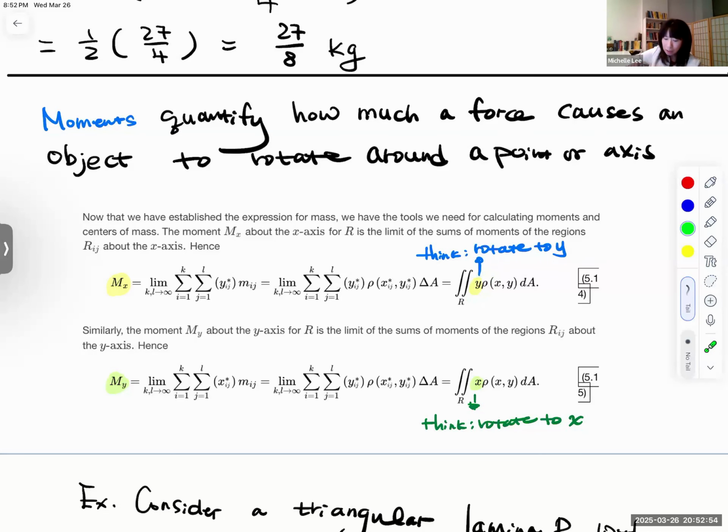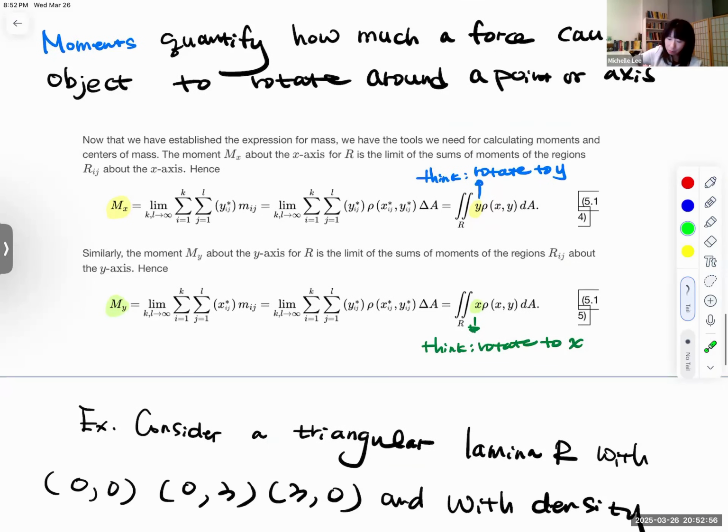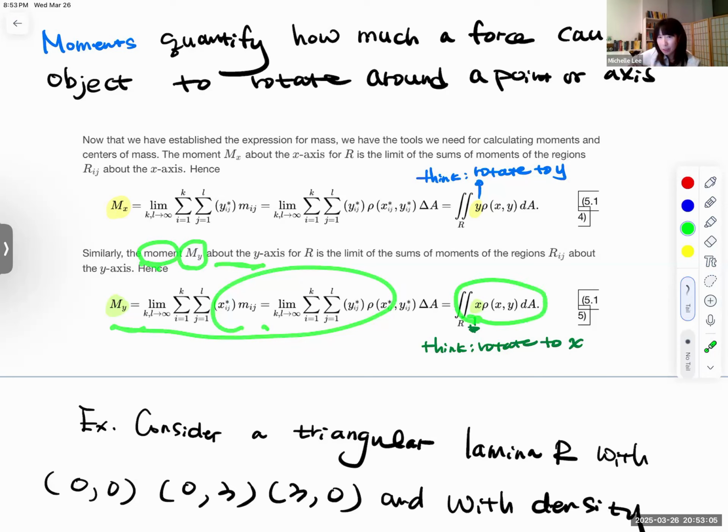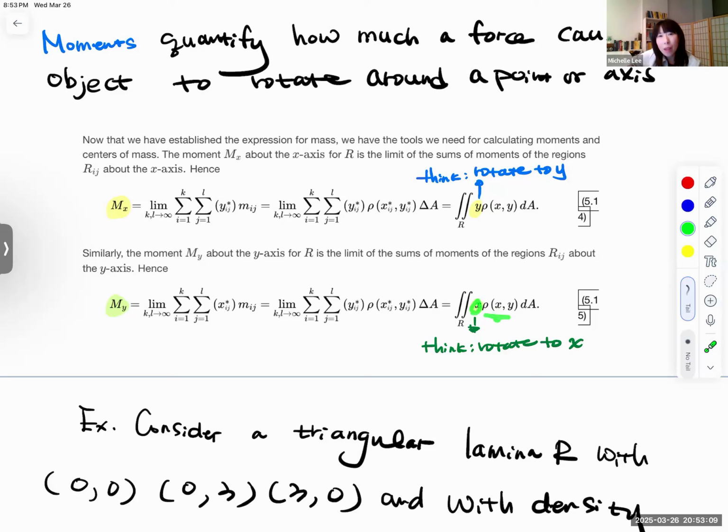Same concept. We have a moment about the y-axis, right? But then we have a Riemann sum, and then eventually we get the formula x times the density function, right? Same as the y-axis here, then we rotate to the x-axis.